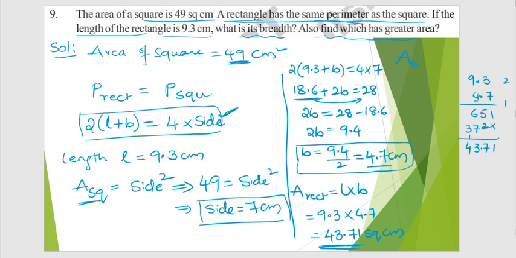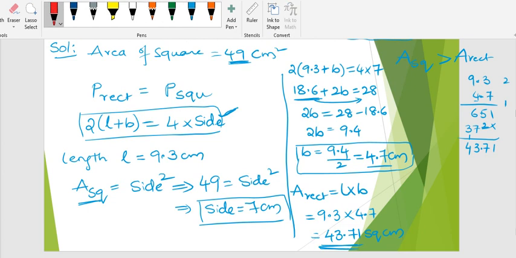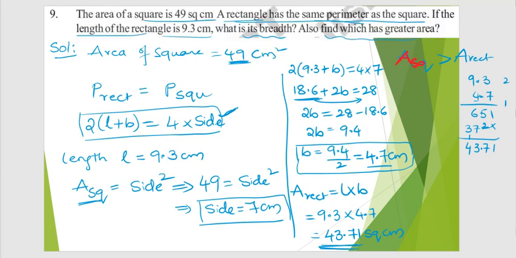Area of square is greater than area of rectangle. Since he did not ask by how much, we are just representing that, right?